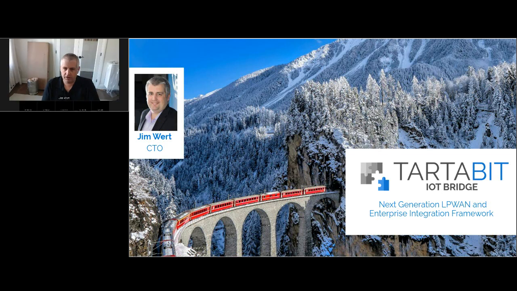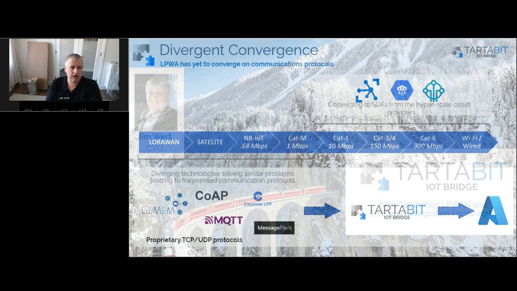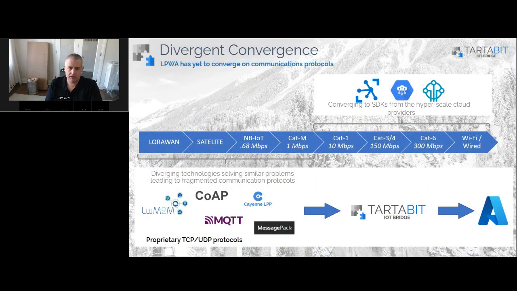So Jim Wirt here, CTO at Tardabit. We are a company very focused on LP-WAN integration in this space. So, talk a little bit about where we fit in the ecosystem. If customers have a wired solution, Wi-Fi, high category LTE, there are SDKs and toolkits available from the hyperscalers to provide you everything you need to get into the IT infrastructure and the IoT infrastructure.